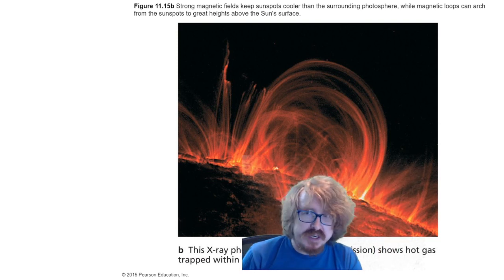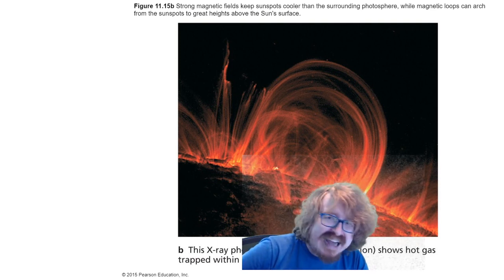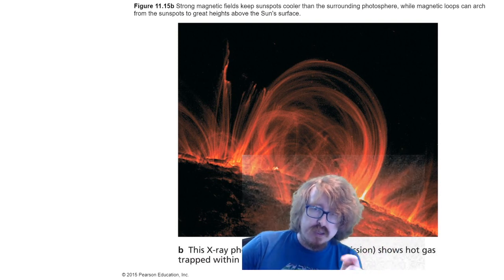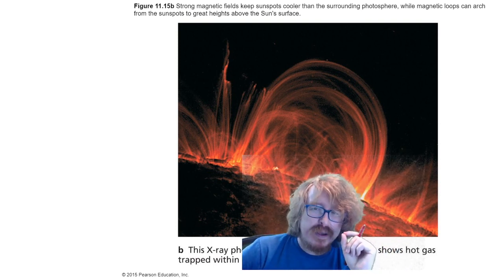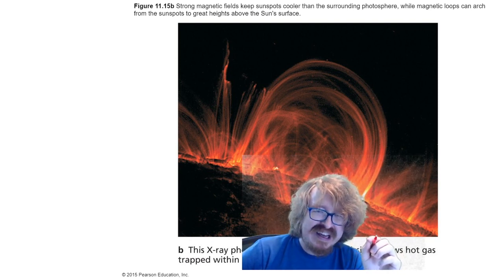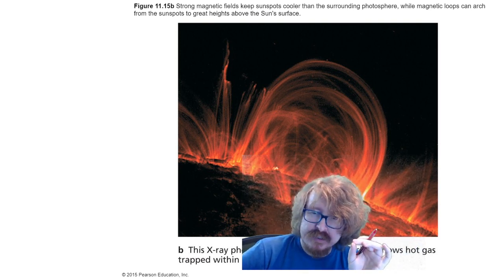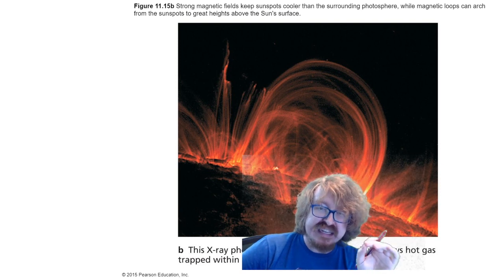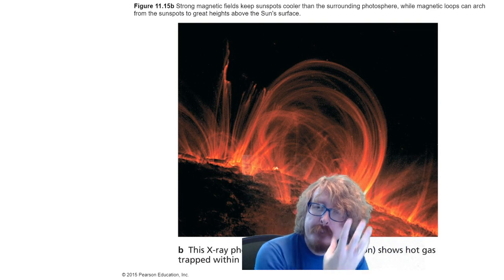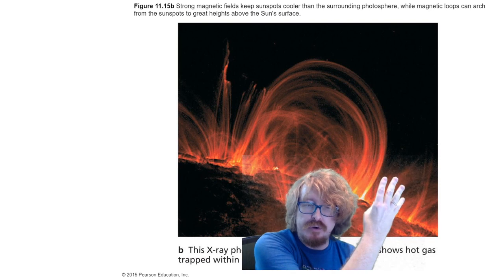The chromosphere is made of hot jets of gas called spicules, spelled S-P-I-C-U-L-E. Spicules. And again, they're hot jets of gas bursting through the photosphere from below.